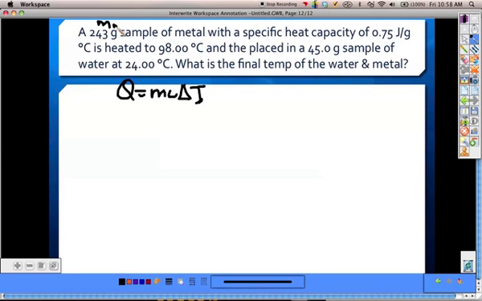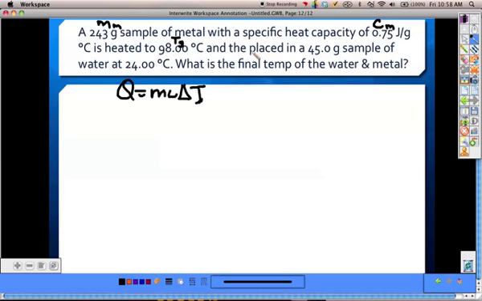So we're going to write down here Mm, the mass of the metal, with a specific heat capacity, lowercase m, for my metal of 0.75 joules over grams degrees Celsius, heated to my given temperature. We'll do a TG, my temperature given, 98 degrees Celsius.